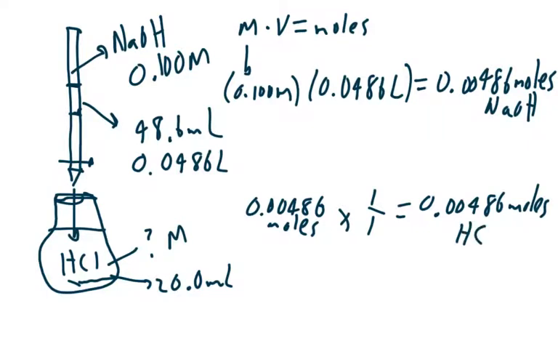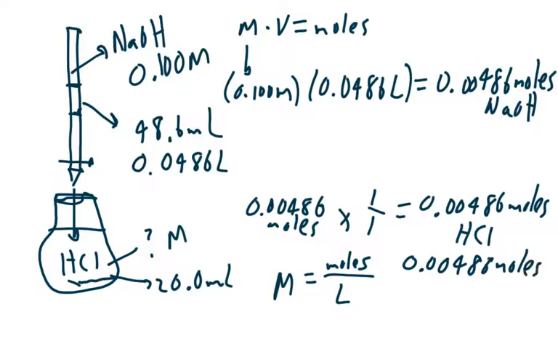Well, the last thing we're going to do here is find the molarity of HCl. Now remember that molarity is equal to moles over volume in liters. We just found the moles, because at the equivalence point and through the mole ratio being 1 to 1, we have 0.00486 moles of HCl.